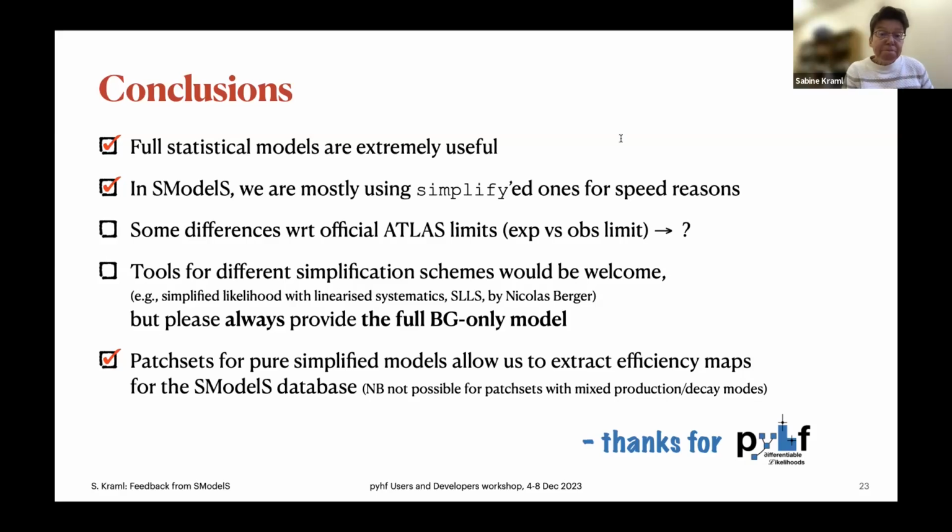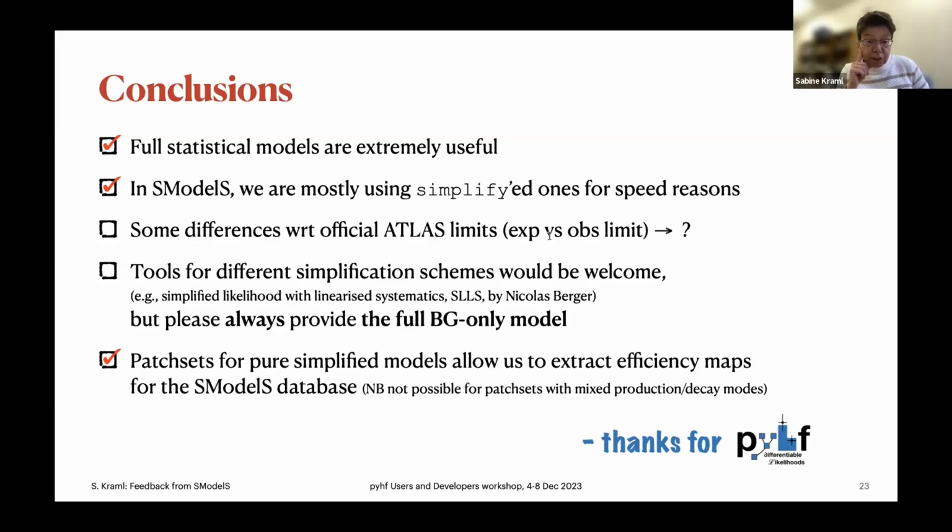But still, in SModelS, we are also mostly using the simplified ones for speed reasons, whenever this works well. We're also thinking of making machine learned models of the full likelihoods to really speed up our calculations a lot. Some differences with respect to the official ATLAS limits still need to be explained. So we are investigating.